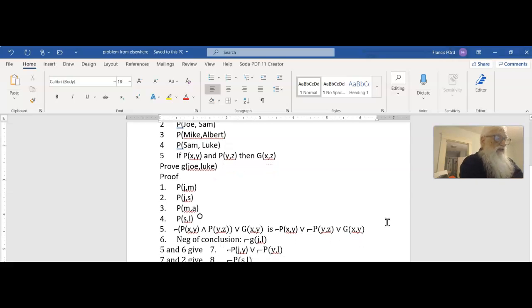So if we take 5 and 6, then not GJL, I put in here, I wipe out the GXY here, but to do it, I have to make XJ and ZL, because I had GJL.